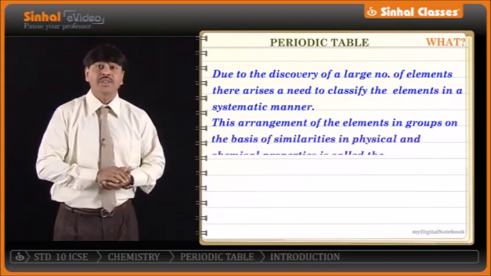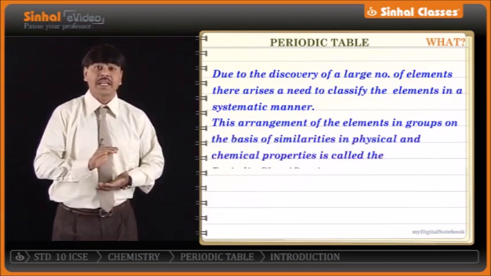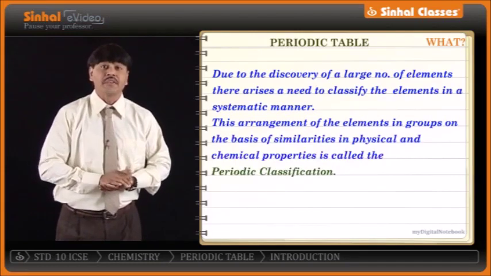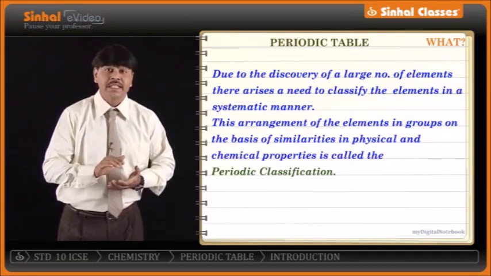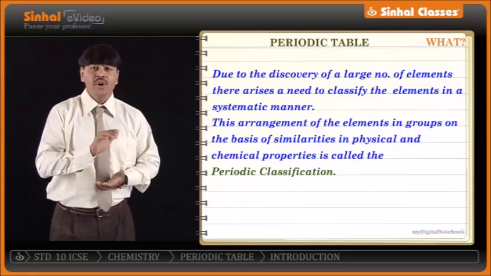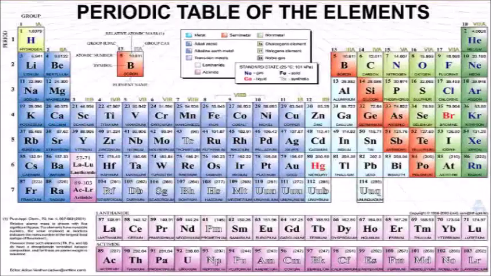For that, there was a need for a systematic arrangement, which was in the form of a periodic table. In your lower standard, you must have learned about the systematic arrangement or the discovery done by various scientists such as Mendeleev, Doberanus, Newland, etc.